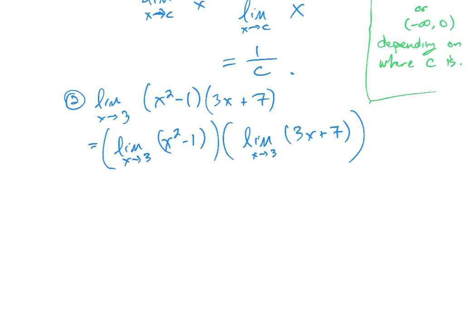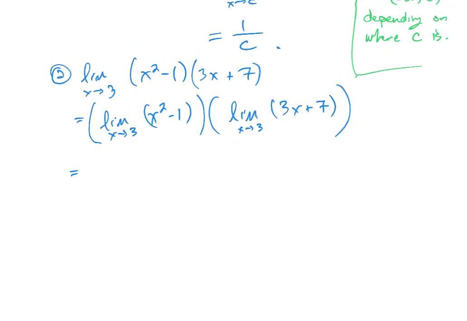Because we know that the limit of the product of those functions is the product of the limits. Okay. Now, we can go even farther. Let's break this down as far as we can, okay?